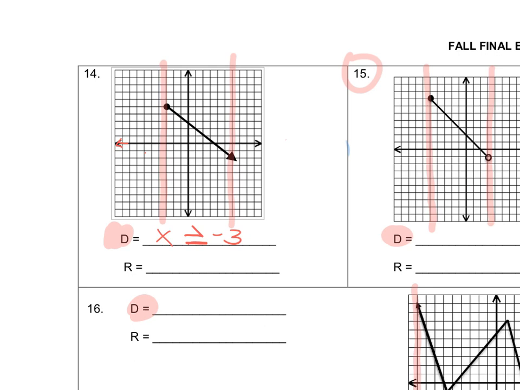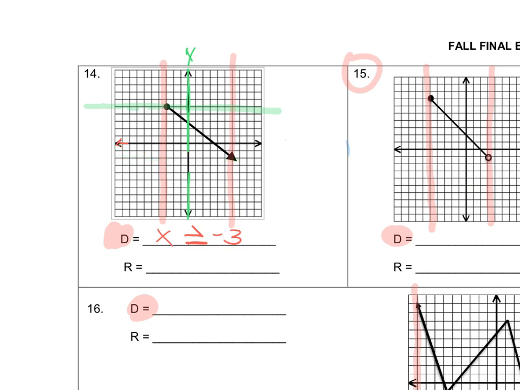Now I need to look at my range. In order to do my range, I'm going to look at the y-axis. So I draw my line all the way to the y-axis here and to the y-axis here, or I put my post-it note down. Now the y-axis is right here. That's this line. The first thing I notice is that it has an arrow, so I can't draw anything to there.